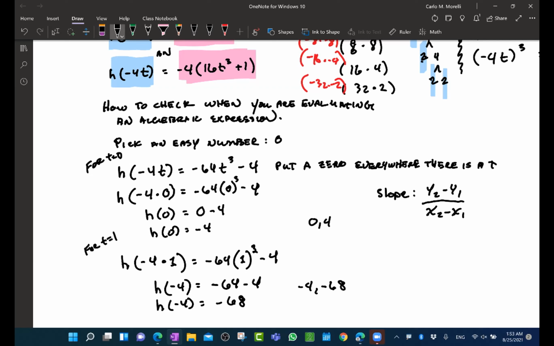So we can call these y2, y1, x2, x1, like coordinate pairs.